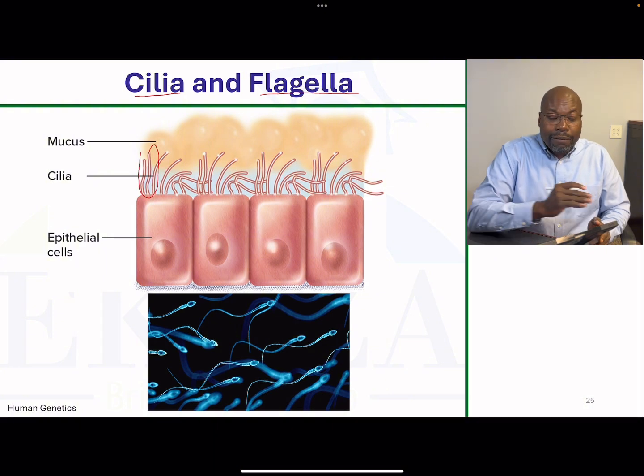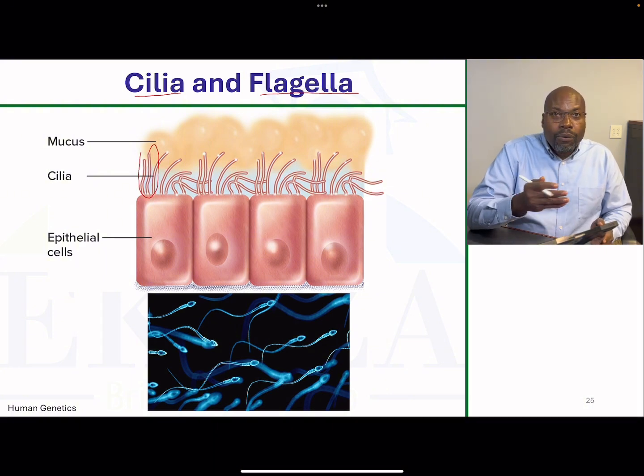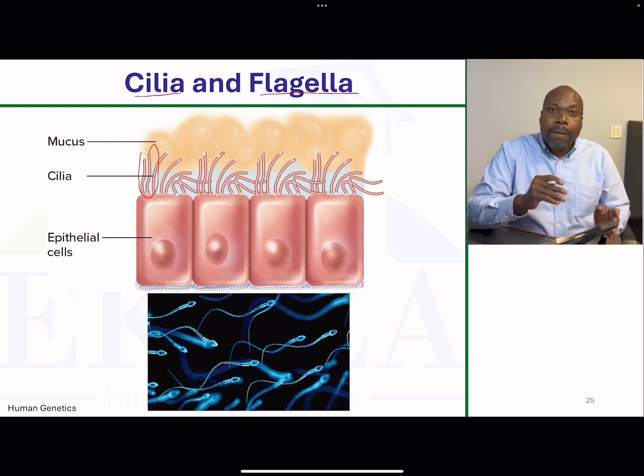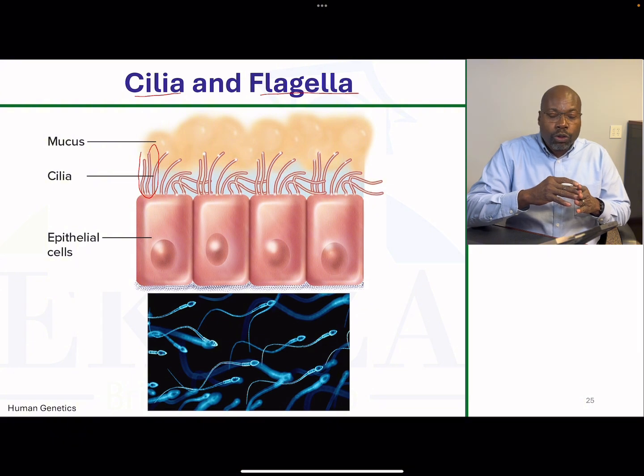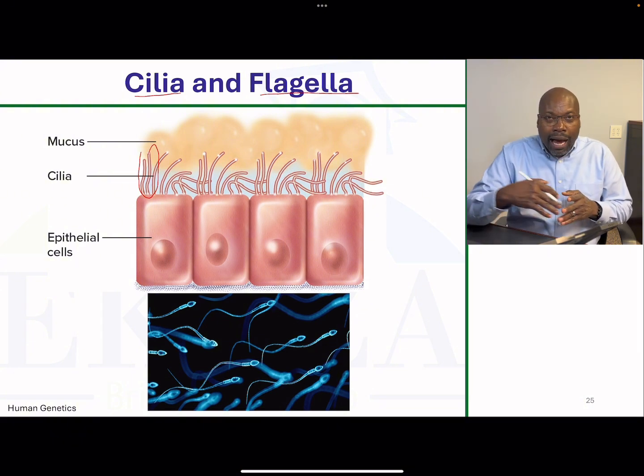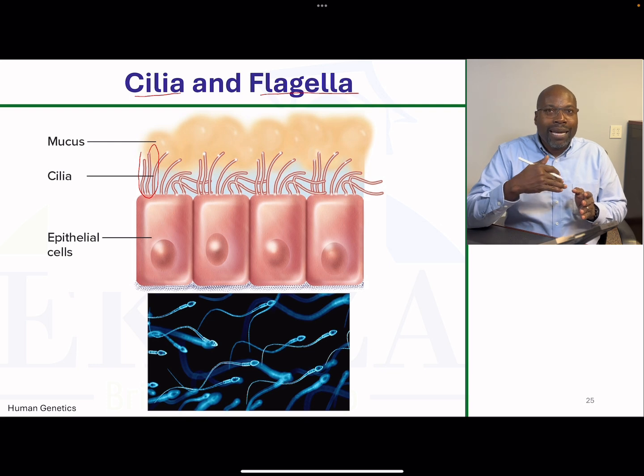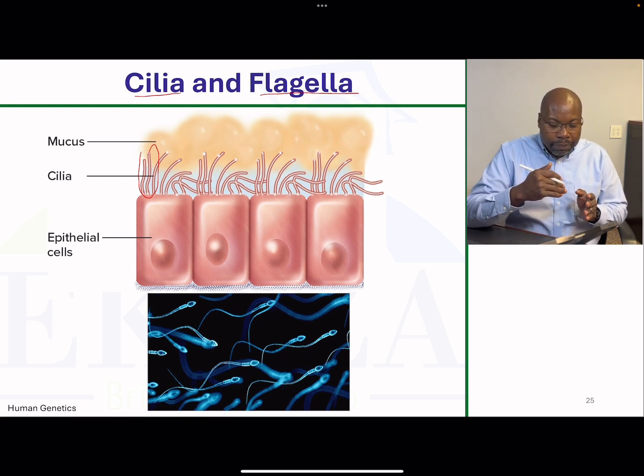The cilia vibrate. They vibrate so that they can push the mucus in a very specific direction, right? These cilia are made up of microtubules, and these microtubules, as they are fueled by ATP, are going to vibrate with a whip-like motion, right?